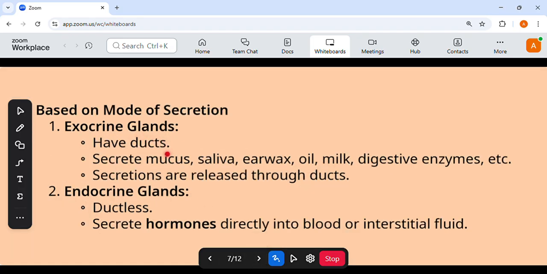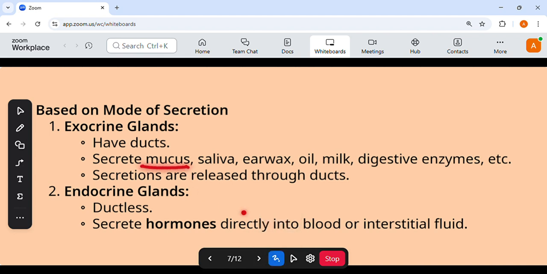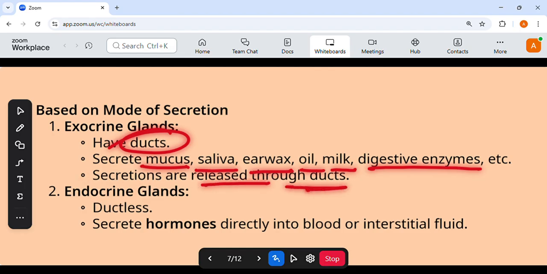On the basis of mode of secretion, they are again divided into three types: exocrine, endocrine, and heterocrine. First let's see exocrine. They have a duct, and whatever secretion there is passes through the duct. So mucus, saliva, earwax, oil, milk, digestive enzymes, they all get secreted via duct.